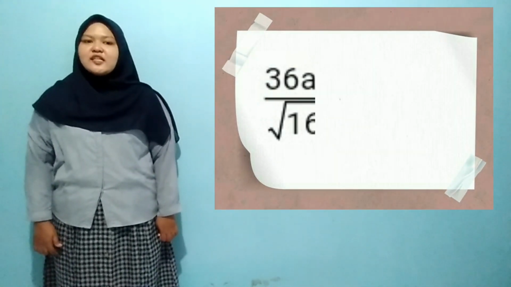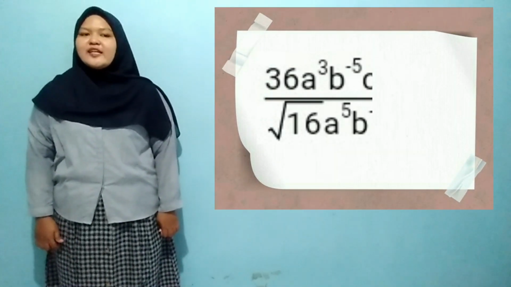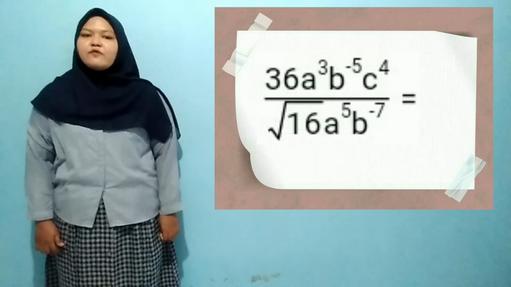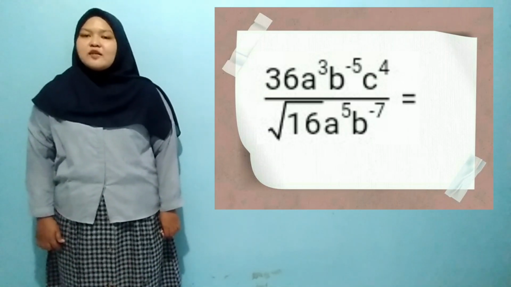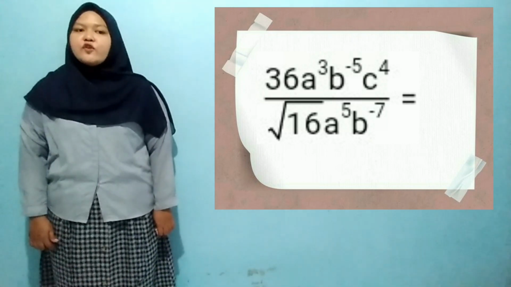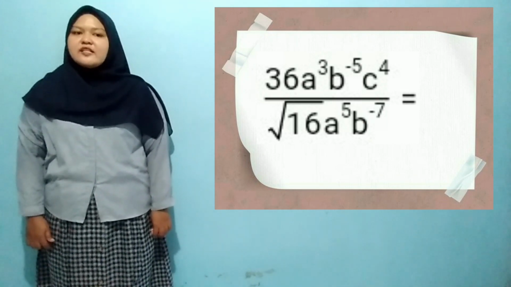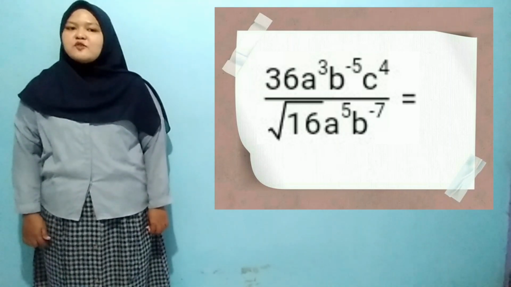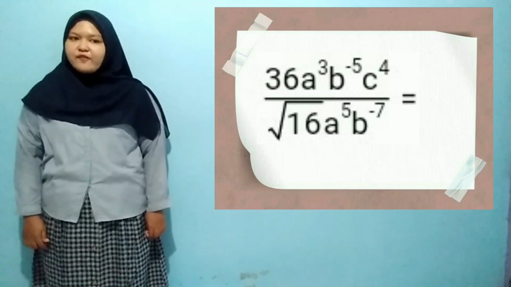I will give a pretest. The question number 1: 36 times cube of a times 5 to the power of minus 5 times c to the power of 4 divided by root 16 times a to the power of 5 times b to the power of minus 7.